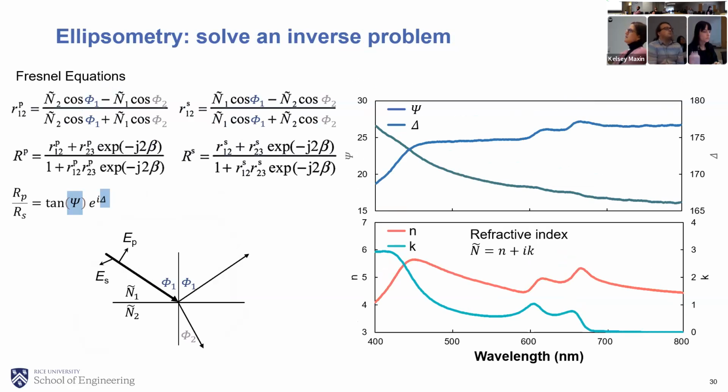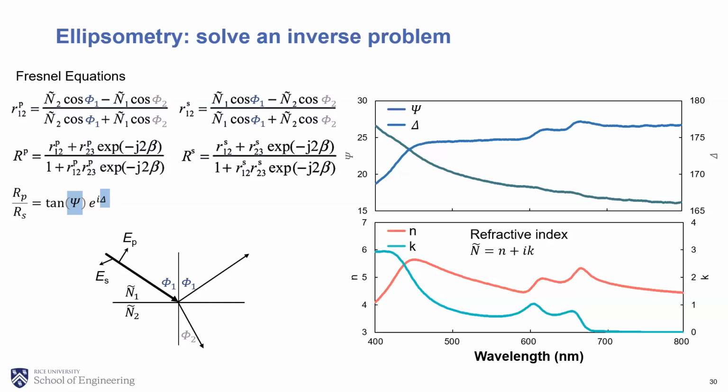In particular, psi and delta are related to N and K through the Fresnel equation. If we know the N and K of a material at the interface, we can use the Fresnel equation to calculate psi and delta. However, the ellipsometry problem is an inverse problem.